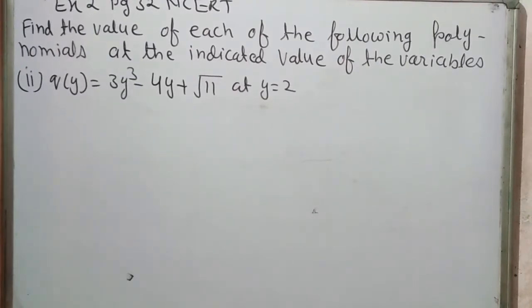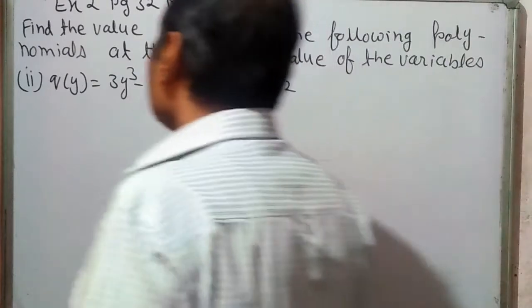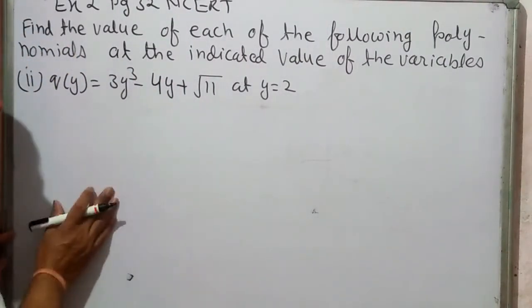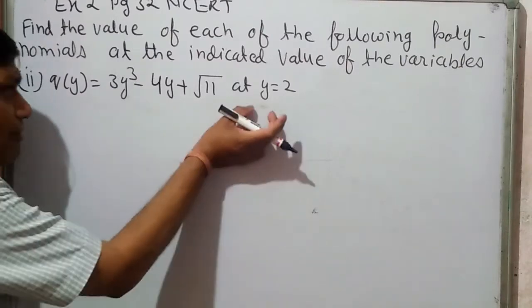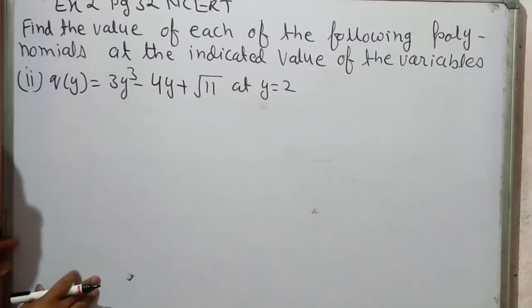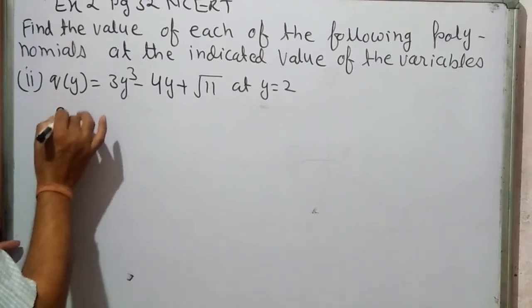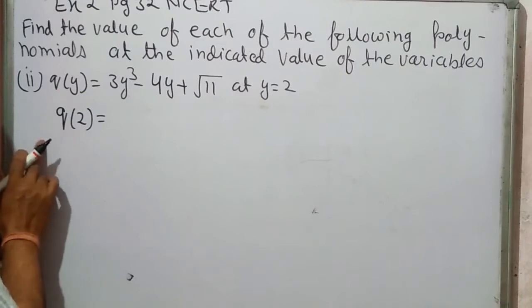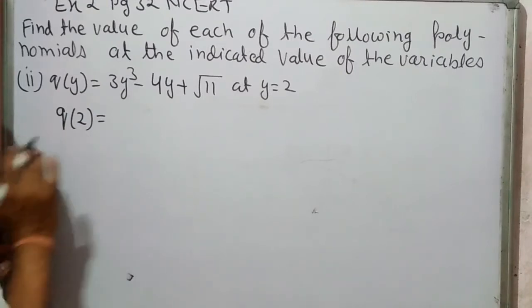Dear students, the second part of this example is q(y) equals 3y cube minus 4y plus root 11, and the value of the variable y is given to be 2. How shall we write it? We write it as q(2), that is the value of polynomial q at y equals 2.